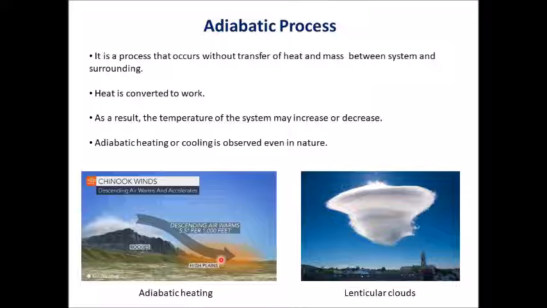These are Chinook winds, which are actually descending warm air, and as they move down the slope, it is but natural that the speed of these moving air will be very high.